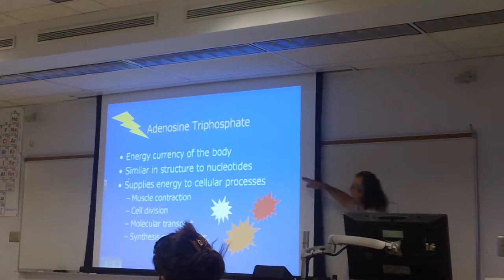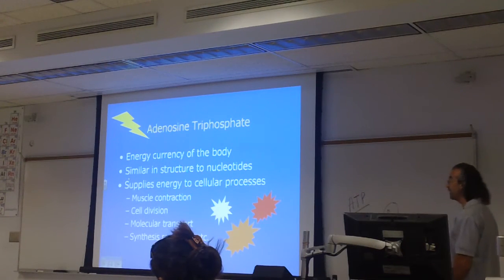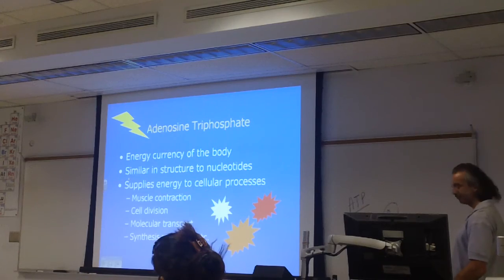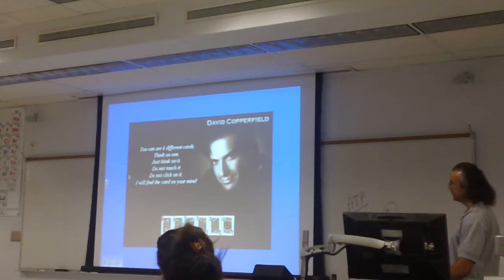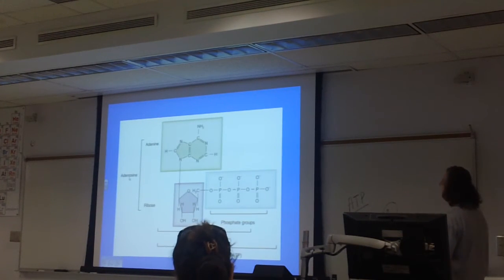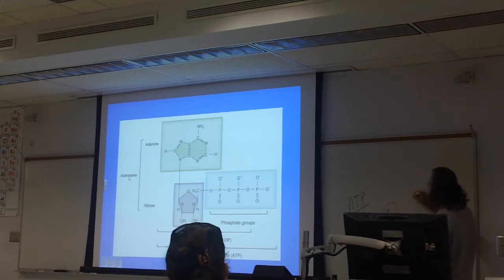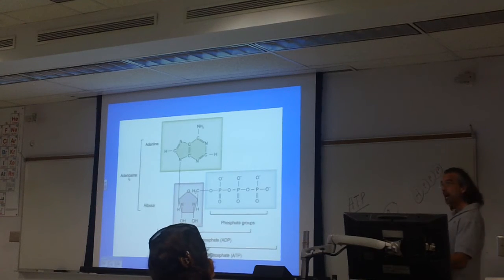Okay, so that's my energy source. It supplies energy, we know about that. Muscle contraction, cell division. Anything that requires energy in the body, we use ATP. Let's see what it looks like. You guys want to see the picture? ATP. Pretty exciting, huh? So it's adenine. How many phosphates? 3. Good job. So this is like a high energy compound.